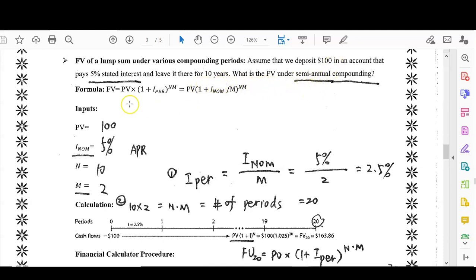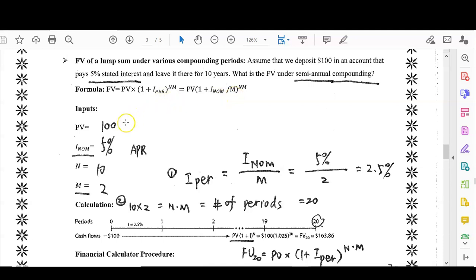Then we can use our present value multiplied by 1 plus periodic rate to the power of total periods and multiply by M. This periodic rate could be calculated by using nominal rate divided by number of compounding periods per year.